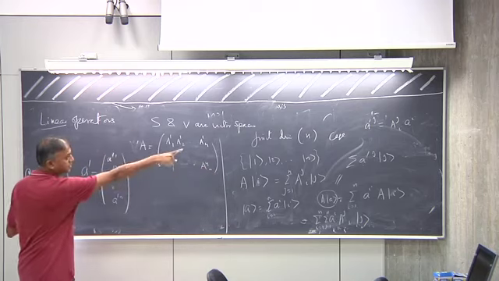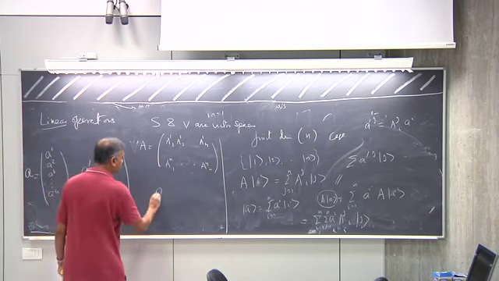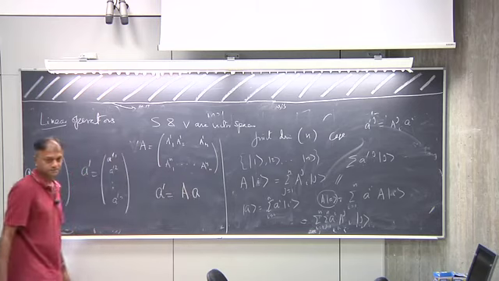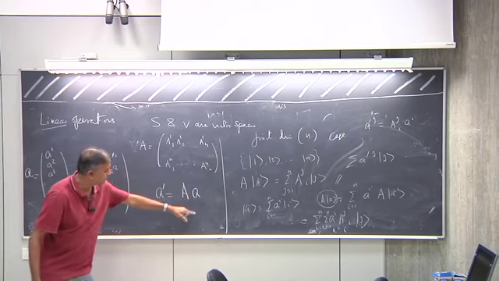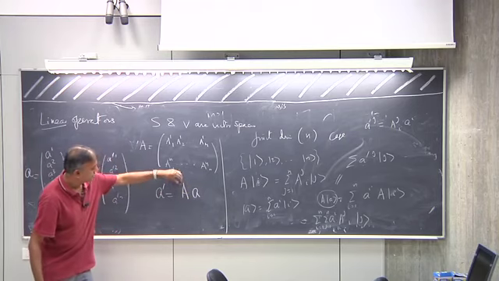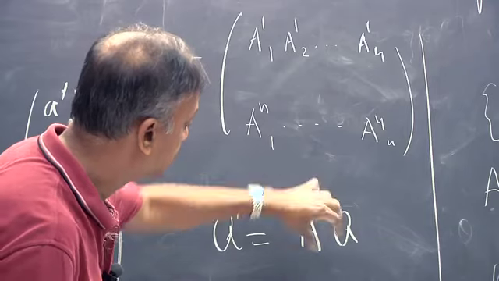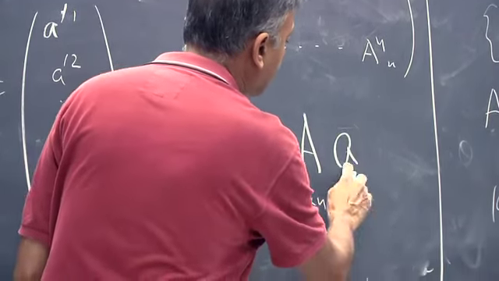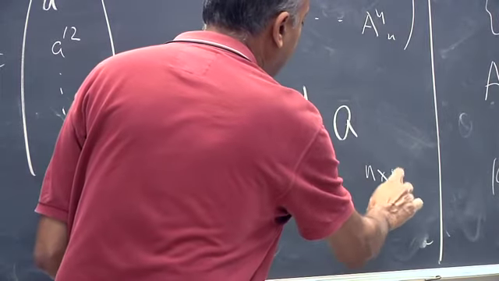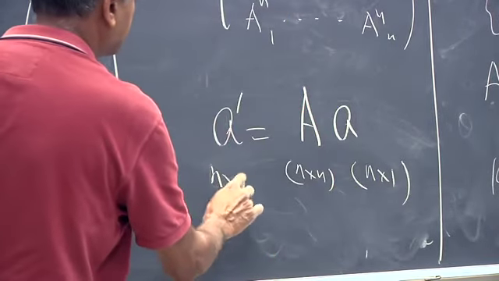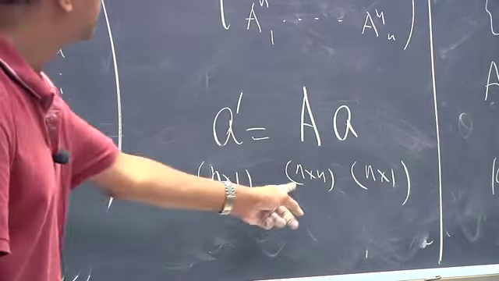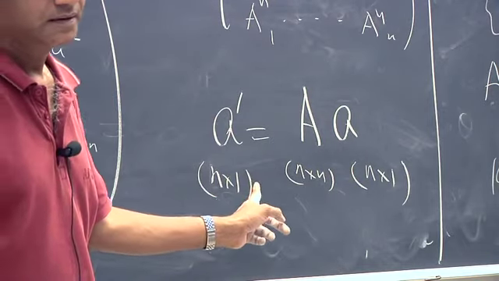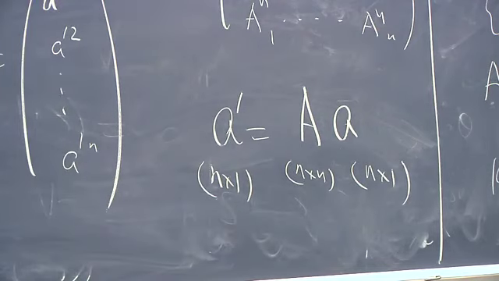Then that equation I can write as a matrix equation: A prime equals the matrix A times the column vector A. These are n by 1 column vectors, and this is an n by n matrix. So the matrix multiplication gives you exactly that.